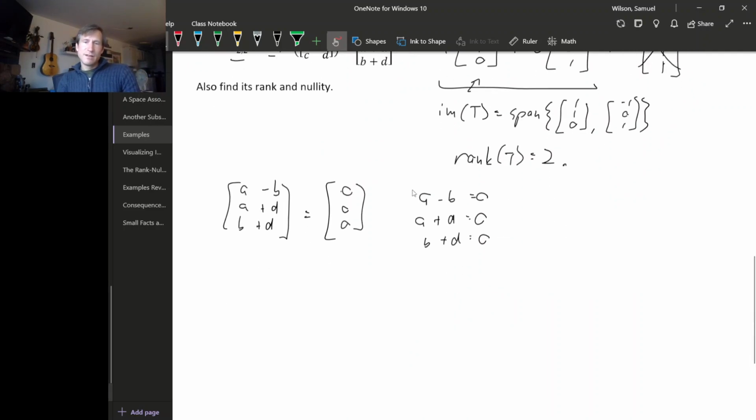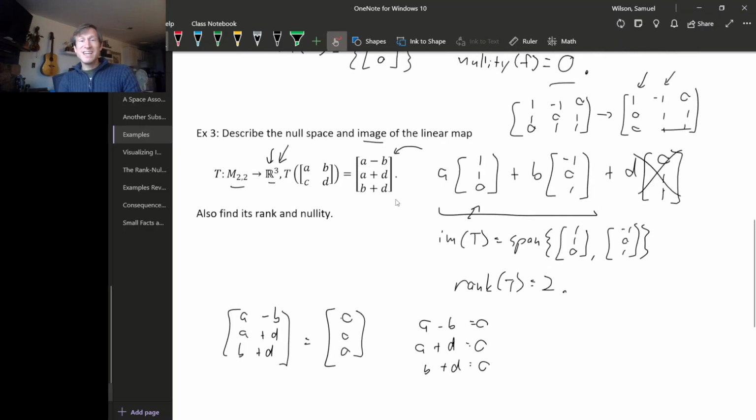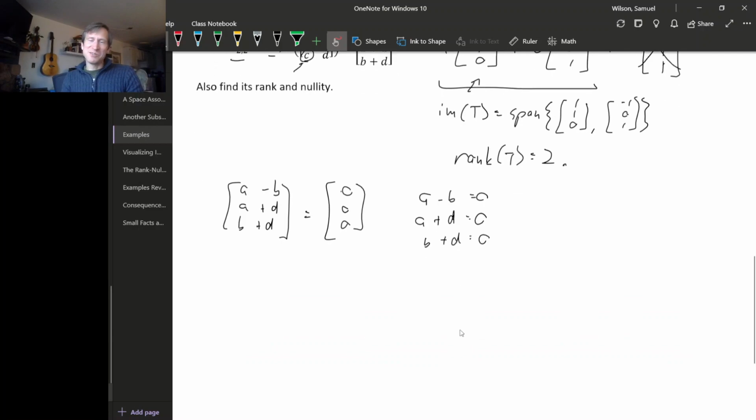And we have to keep in mind that even though the variable c doesn't show up in these equations, it is a variable in the system. So when we do a matrix row reduction to solve this system, we have to include a column for c. So the first equation is 1, -1, 0, 0, and then 1, 0, 0, 1, and 0, 1, 0, 1.